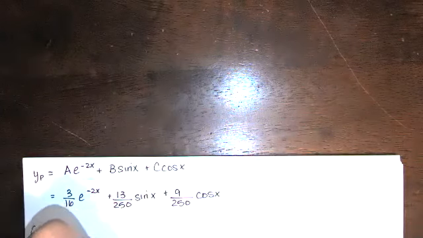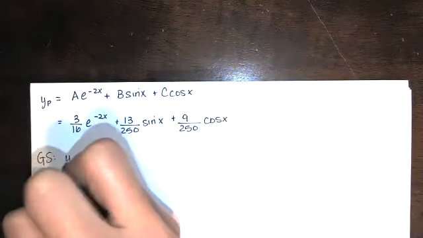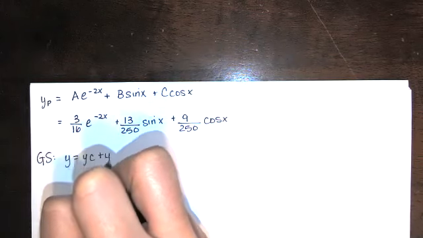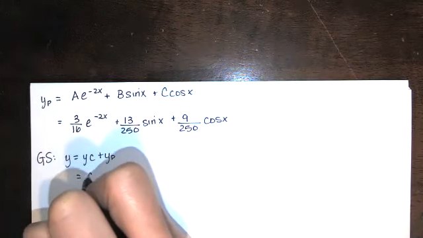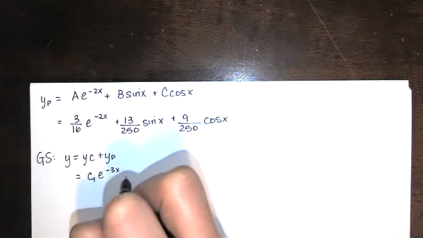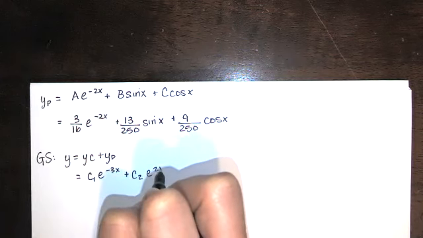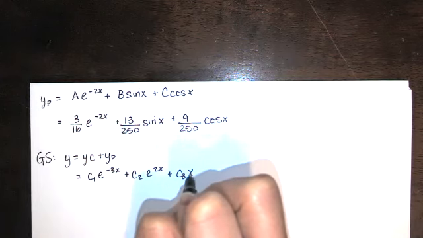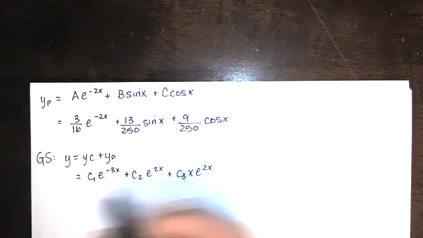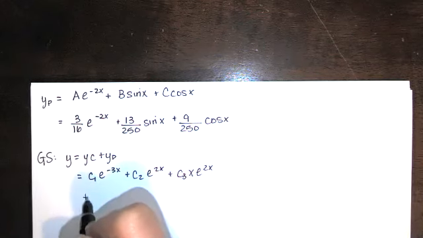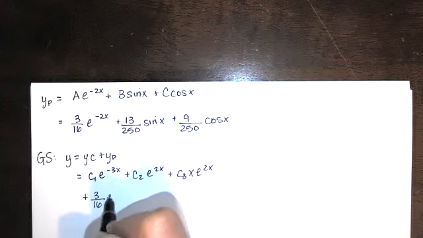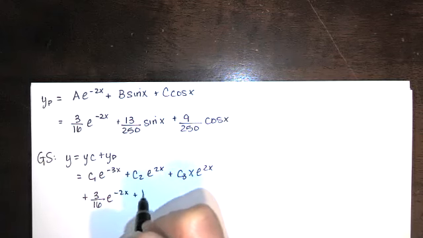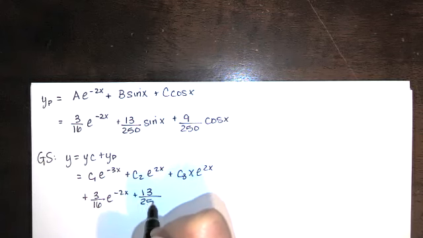And the general solution is y equals y sub c plus y sub p. So we have c1 e to the negative 3x plus c2 e to the 2x plus c3 x e to the 2x plus that expression there. And it wasn't too bad.